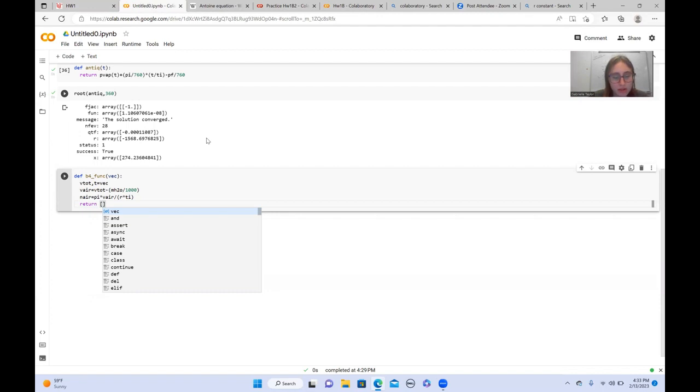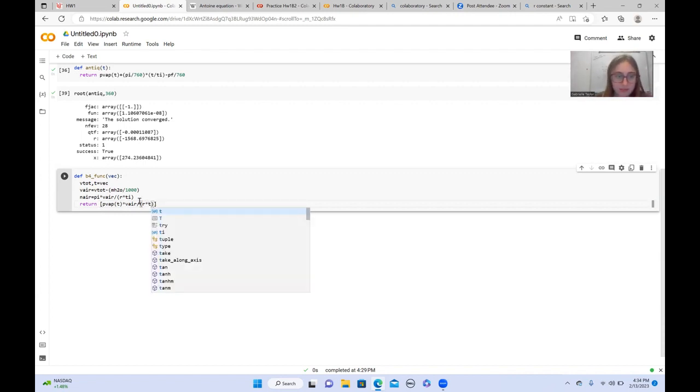So what we're going to do is N air is vapor pressure. This is vapor pressure at T, and this is going to be multiplied by our V air divided by our R constant times our T. Okay, I think that is going to be order of operations approved.